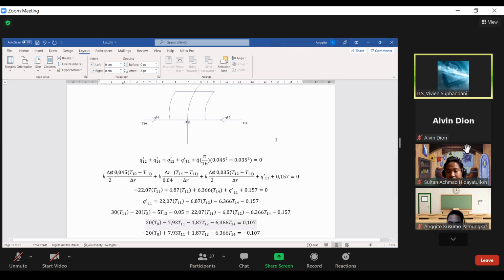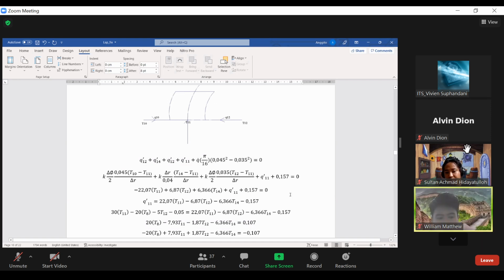And one more is about the solver. You are using Gauss Jordan. What was the problem if you use Gauss Seidel or another method? Yes, sir.